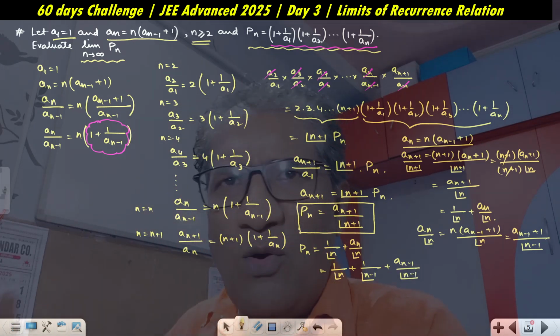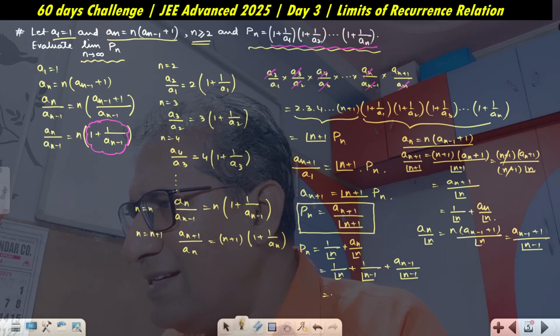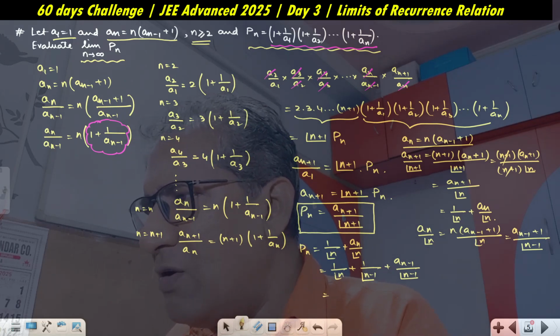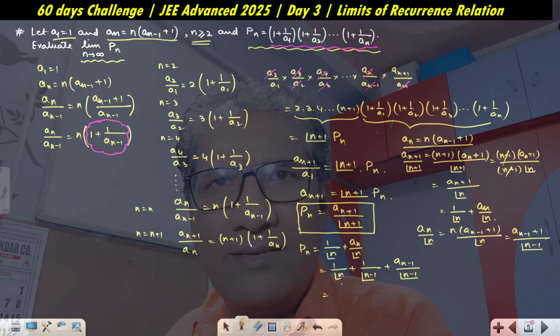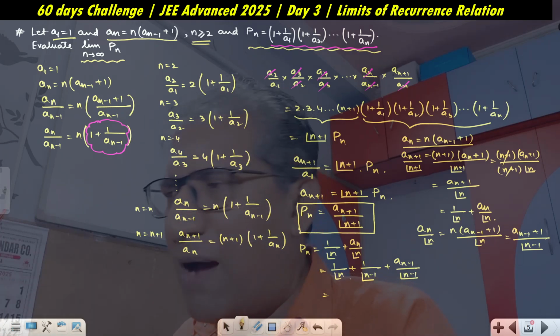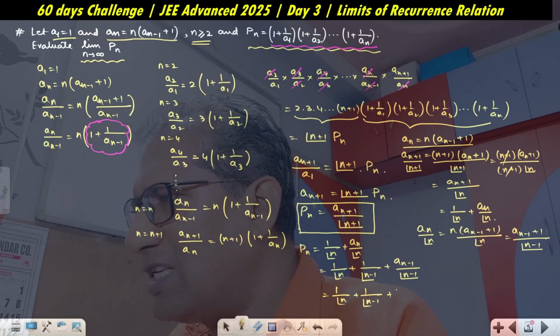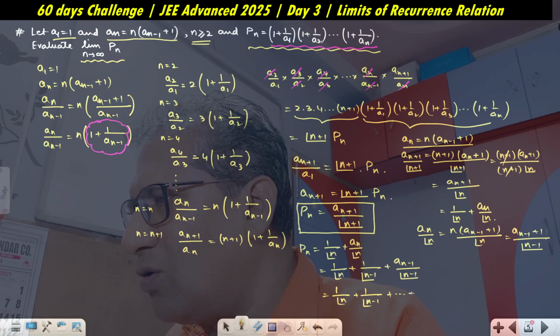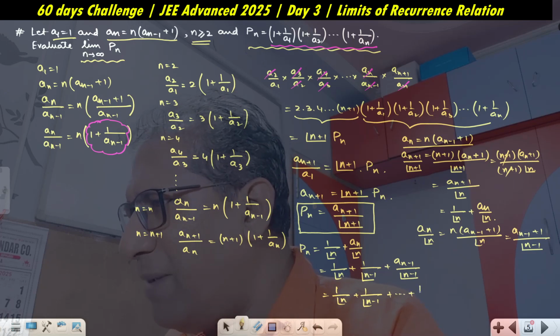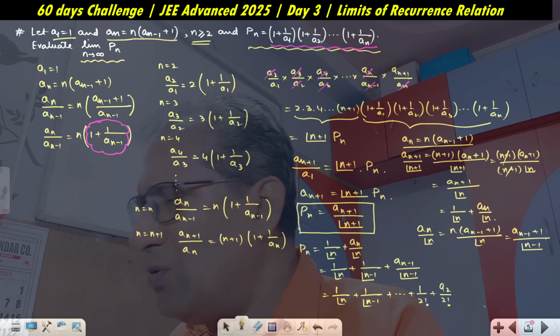And this thing will go on. So ultimately you see the denominator, the first was n, then it is n minus 1, then it is n minus 2. So a stage will come when it will be 1 over factorial 2 plus a2 by factorial 2.